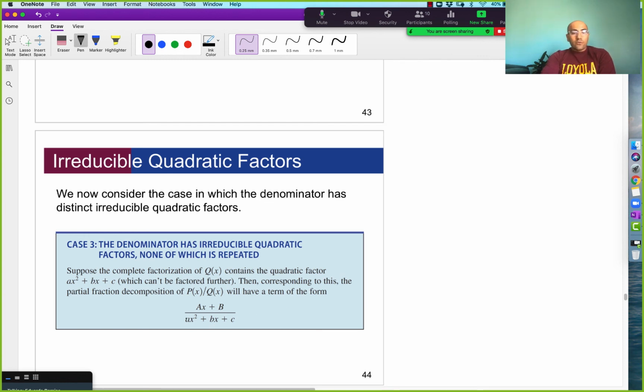So when you run into a quadratic that is irreducible, you can't factor it any further without going into the imaginaries, then you leave it alone, and that's how we're going to deal with it. However, this means that one of the fractions that you have has to have a linear factor in the numerator.